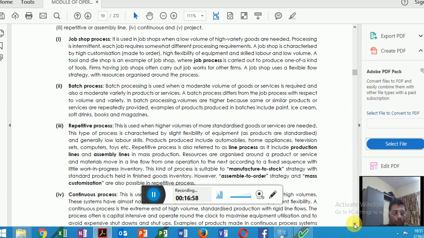What happens here is that as the volumes are increasing or are repeatedly made, the machineries or the processes should be selected as per the characteristics of the particular process. For example, you can take ice cream or soft drinks. Soft drinks are made in different bottles.